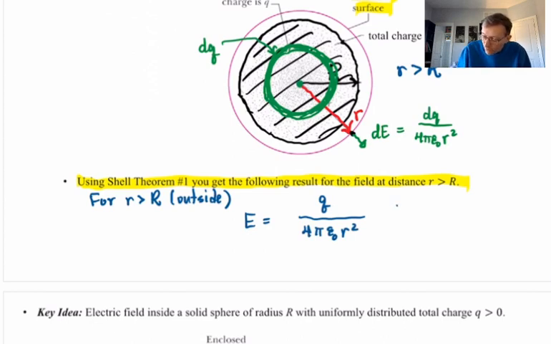And that actually will work for r greater than or equal to big R. Since it's not a conducting sphere, you can even go right down to the surface big R. Okay? All right, it's that simple.